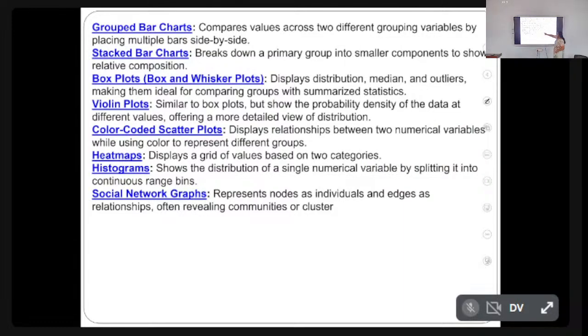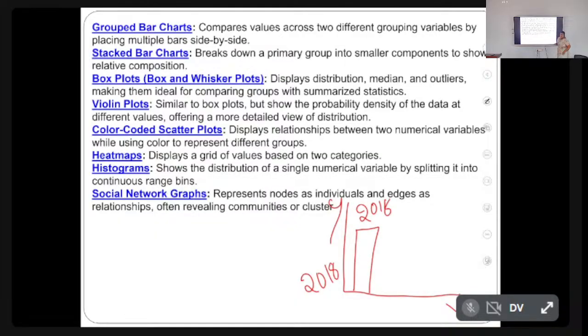For example, I'll ask you, find the ratio of boys and girls. This is in the year 2018, right? Sorry, this is an XY graph. In the year 2018, this is the number of students in the class. Again, in the year 2019, these are the number of students in the class. 2020, these are the number of students in the class.